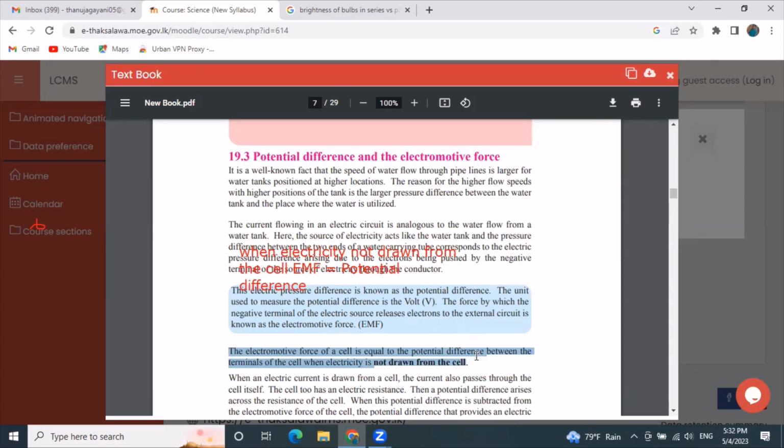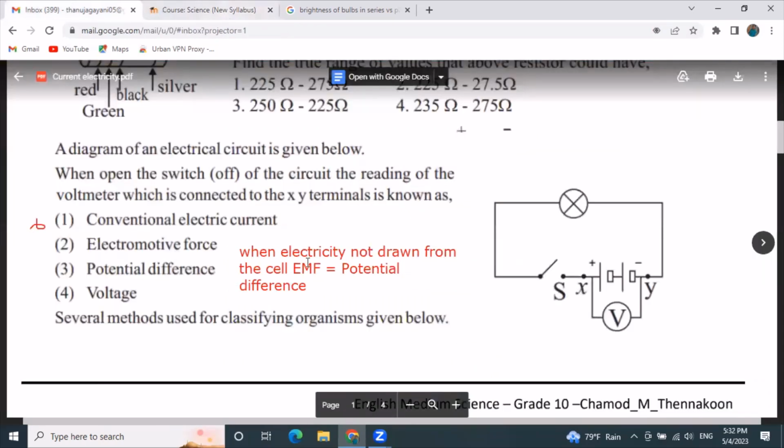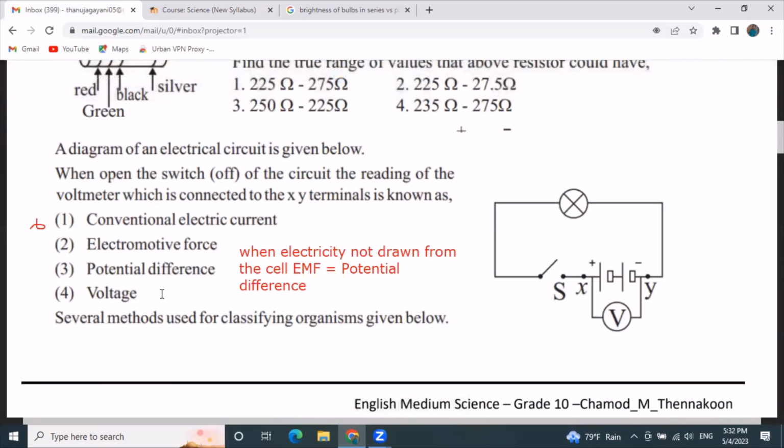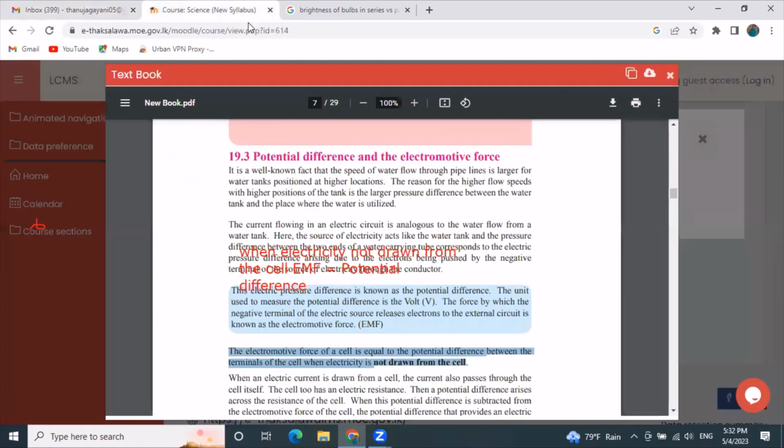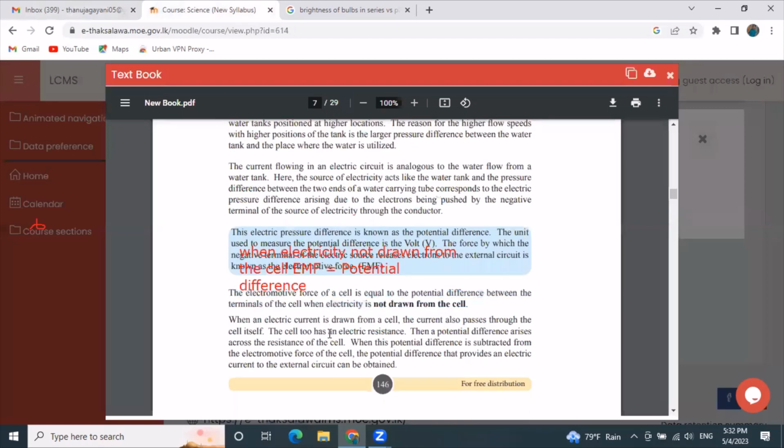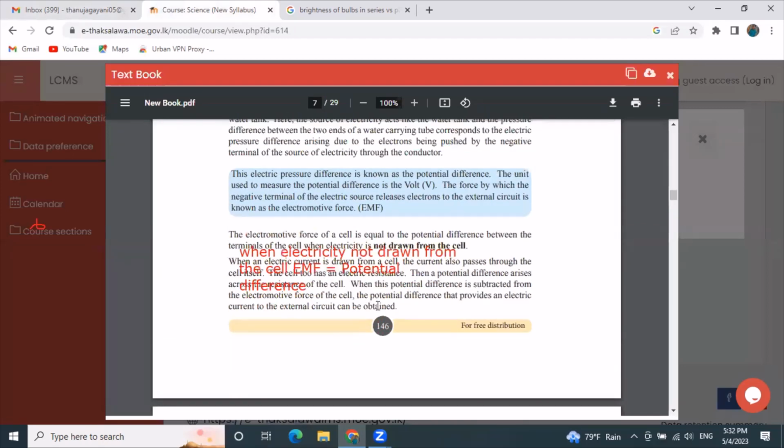Accordingly, here both answers are correct. Electromotive force and the potential difference are equal. But let's look at the fourth answer, voltage. What do you mean by voltage? The unit used to measure the potential difference is the volt.